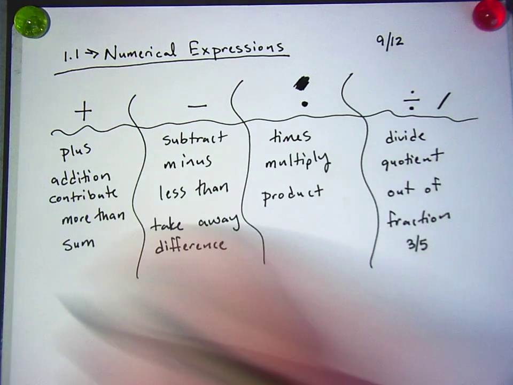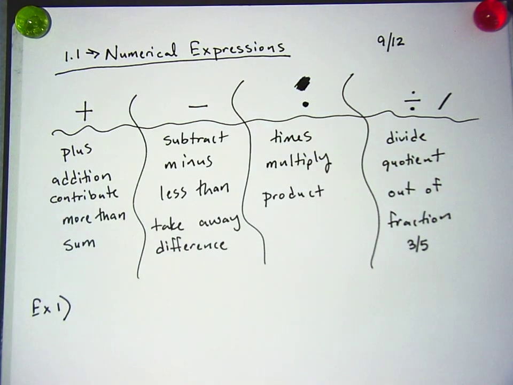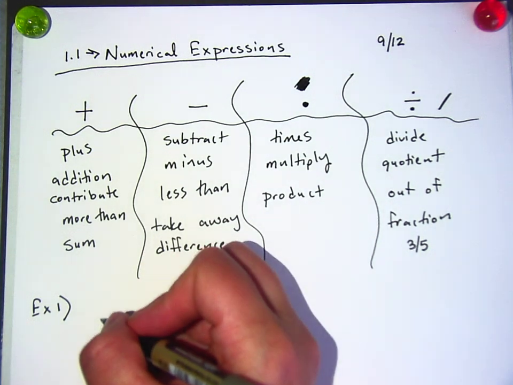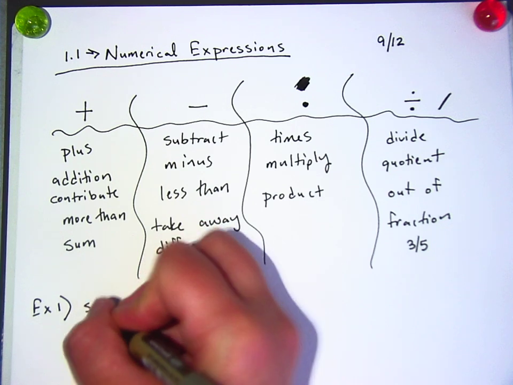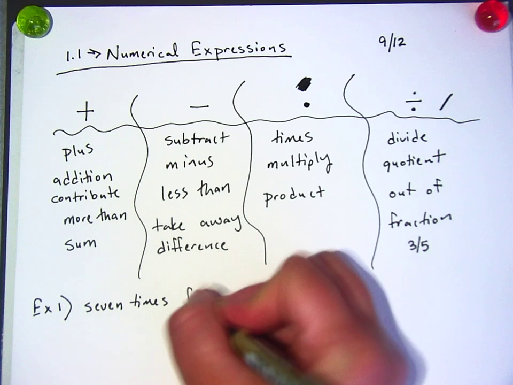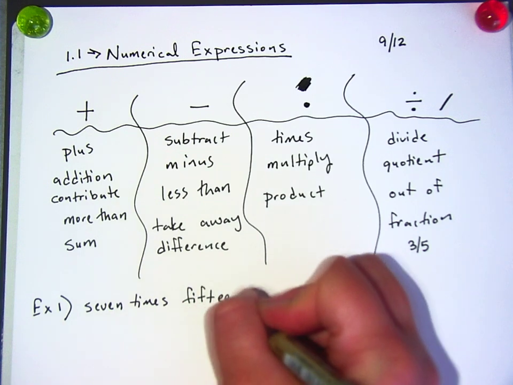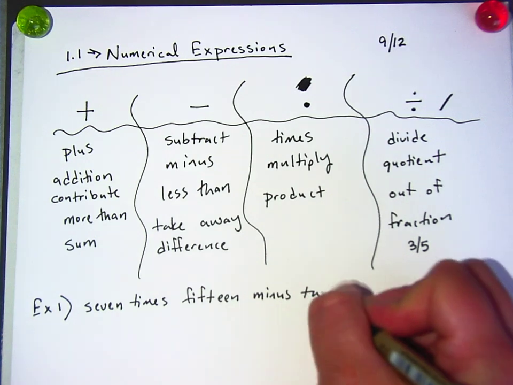All right, example 1. This is what part of your homework is going to be, and it's going to seem very easy, but it's going to be very brief. I'm writing 7 times 15 minus 2 times 9.